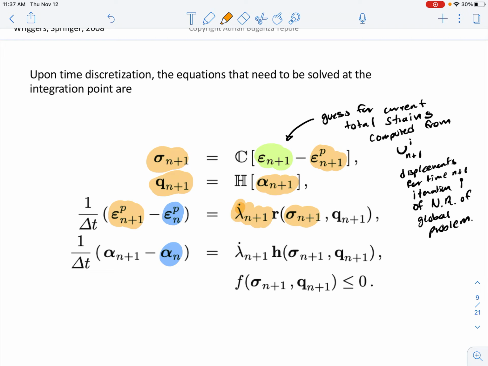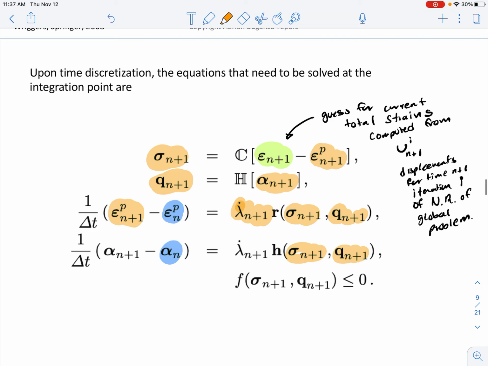All of these are unknown. Again, unknown. So basically, you need to solve this system of equations. In this case, it's going to be nonlinear. So this one you can solve with a local Newton-Raphson iteration.